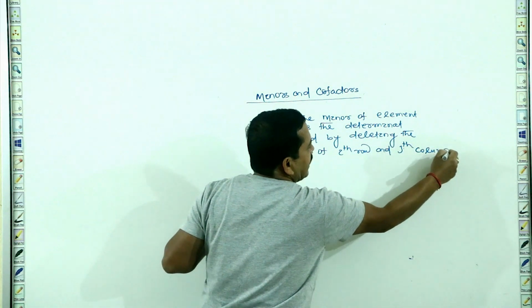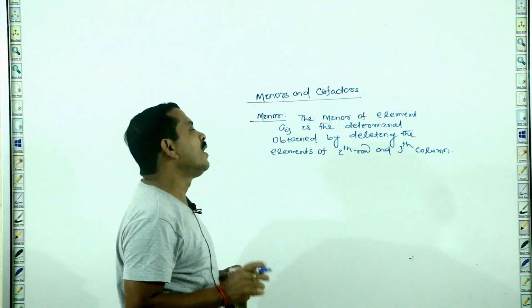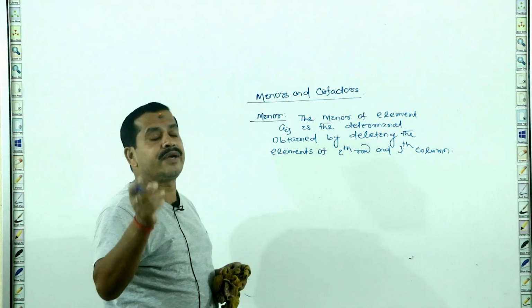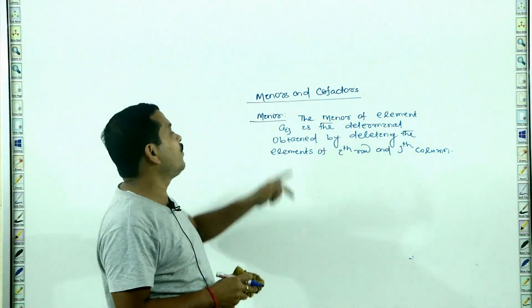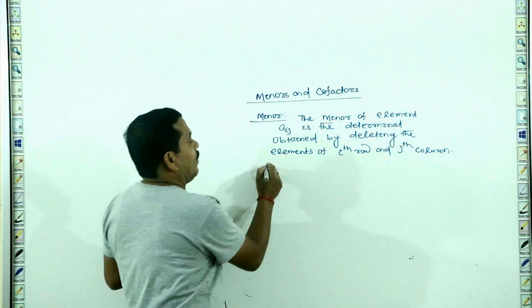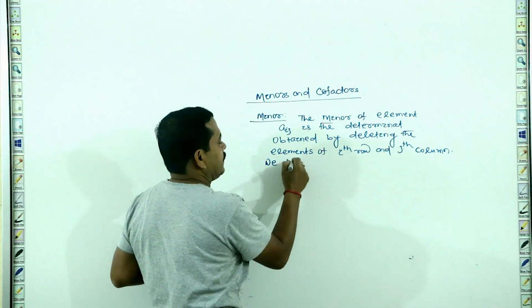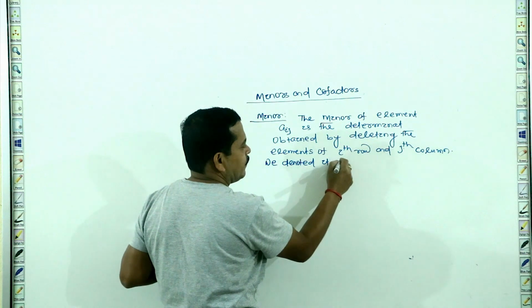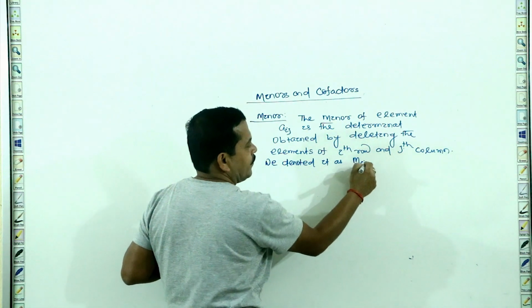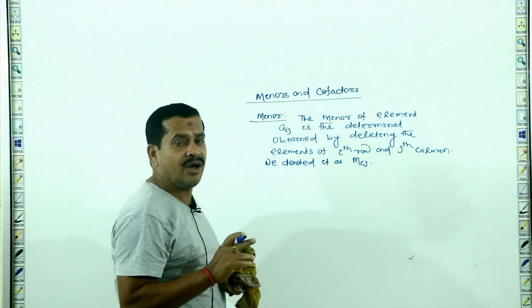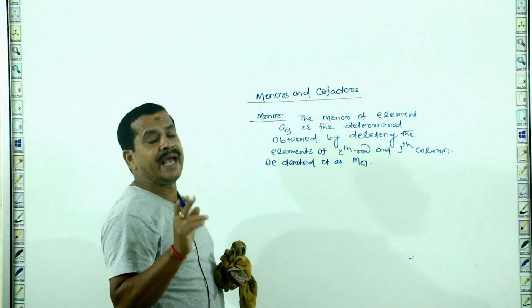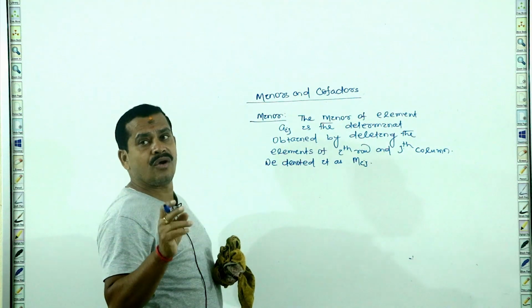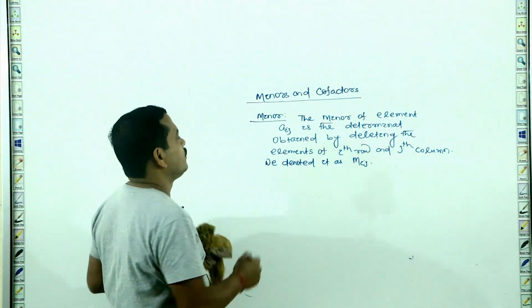We have to delete the elements of the ith row and jth column, then the determinant we obtain is the minor of Aij. We denote it as Mij, that is the minor for the element Aij. Aij means the entry of the ith row and jth column.